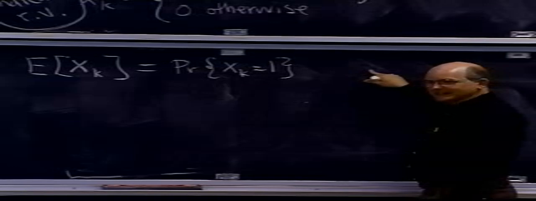One of the basic properties of indicator random variables is that their expectation is equal to the probability that it takes on the value 1. That's true of all indicator random variables. You just use the definition of expectation: 1 times the probability X equals 1, plus 0 times the probability that X equals 0. And 0 times anything is 0, so you just get the probability it's equal to 1.